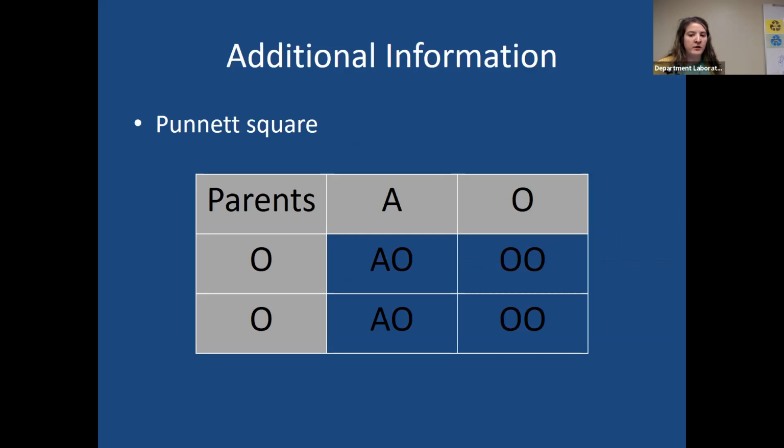Here is an example of a Punnett square where you can determine the genotype of your offspring. What's the phenotype of your AO patients? If this is your genotype, what's their phenotype?